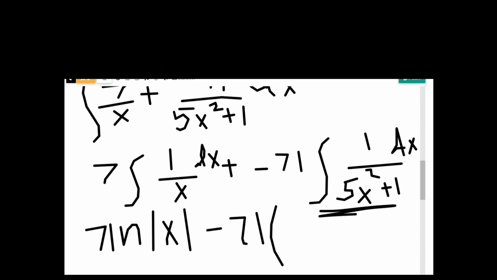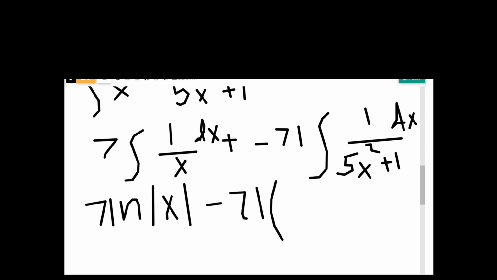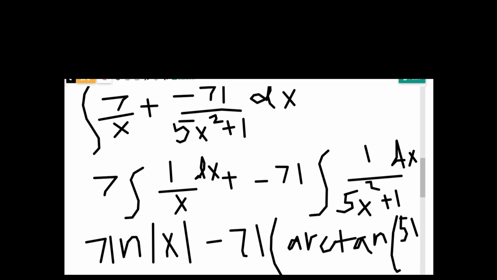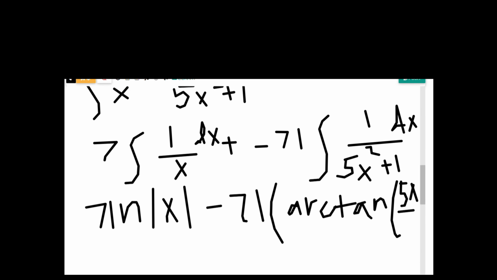However, this expression cannot be the natural logarithm of 5x squared plus 1 because the derivative of 5x squared plus 1 is not in the numerator. So it's actually going to be an arctangent. So we're going to have arctangent of square root of 5x over 1, and then we're going to divide by square root of 5 over here to account for the u substitution.